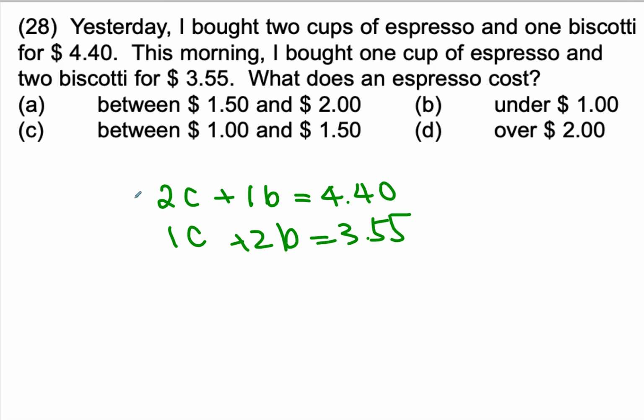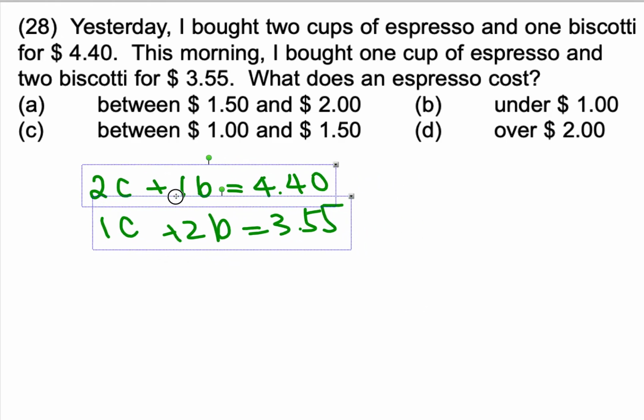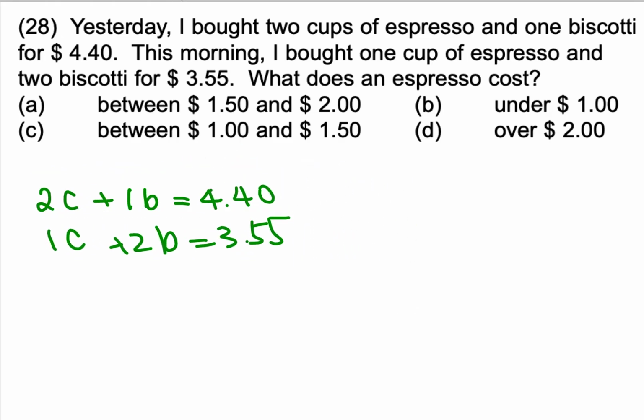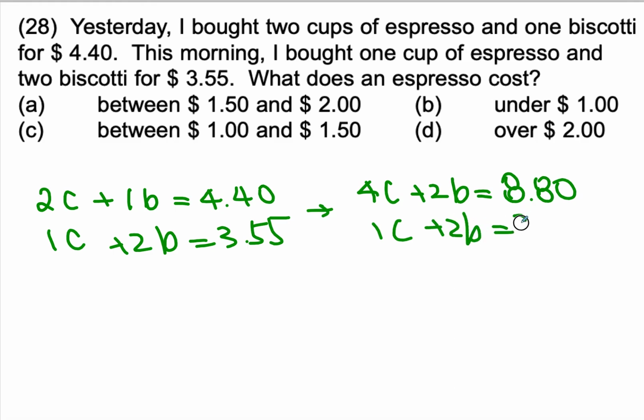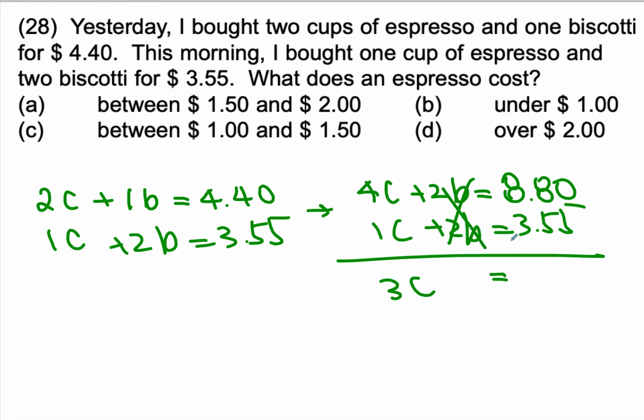I can double this. So I'll be getting 4C plus 2B equals 880, and then the other one is 1C plus 2B equals 355. So when I subtract them, then I'll be getting 3C here. The B's cancel away.